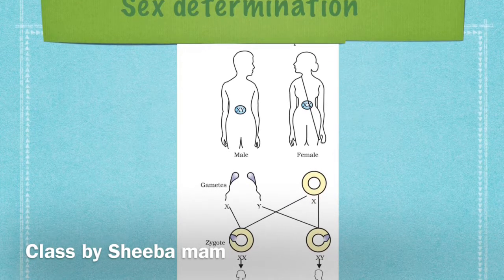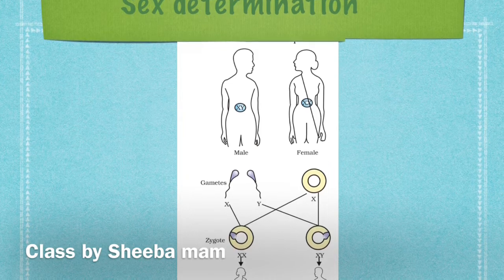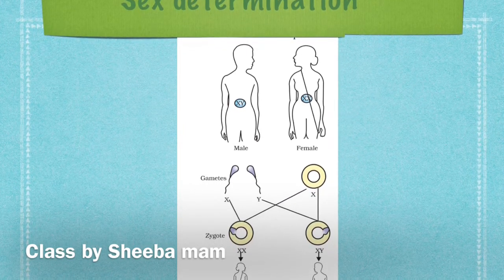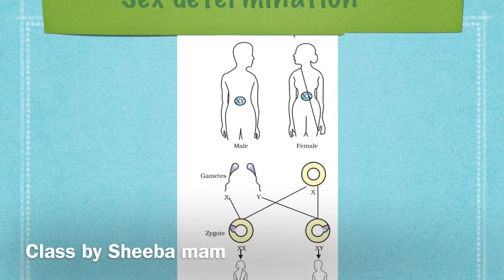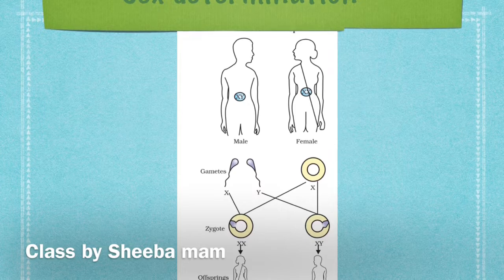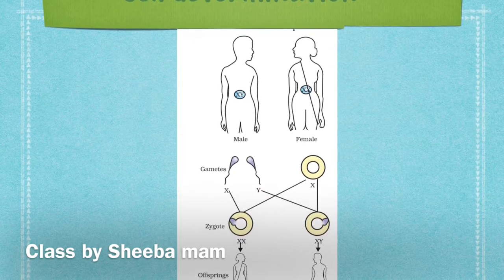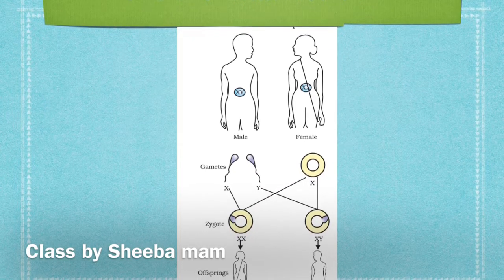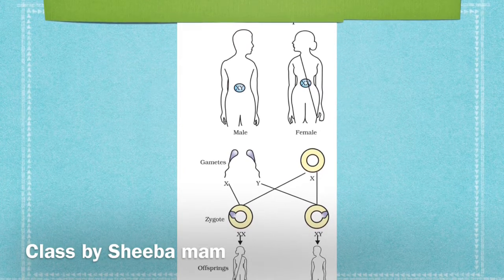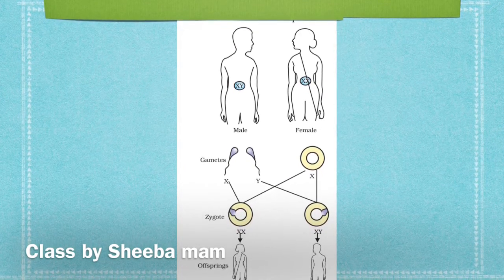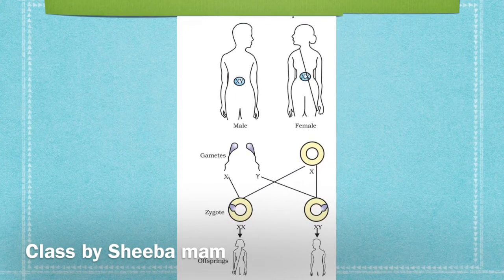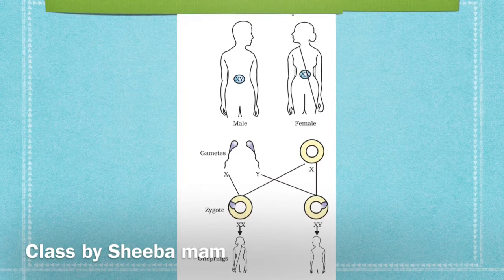If the sperm containing a Y chromosome fertilizes an egg, the zygote is XY and develops into a male. Since there is an equal probability of an egg combining with X containing sperm or Y containing sperm, there is 50% chance of an offspring being a female and 50% chance of being a male.